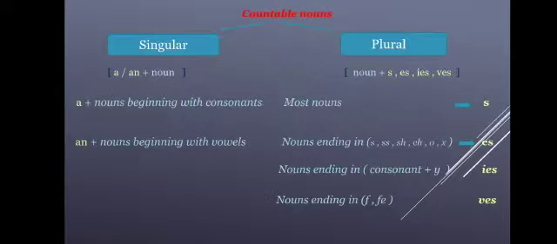Fox, we add es, foxes. Nouns ending in consonant and y, like story, we cancel the y and put ies, stories. Nouns ending in f or fe, like wife, wolf, knife, we add ves.